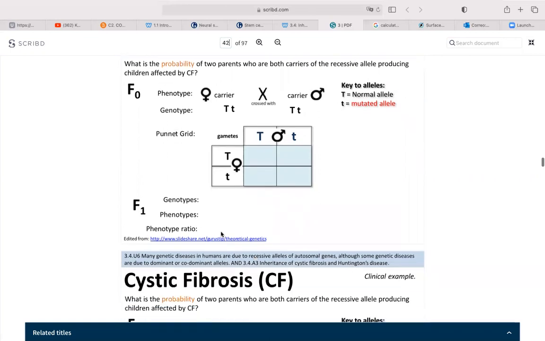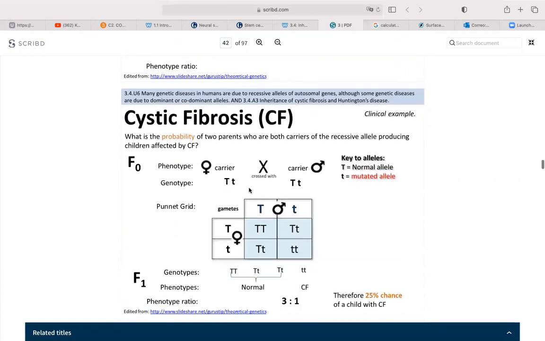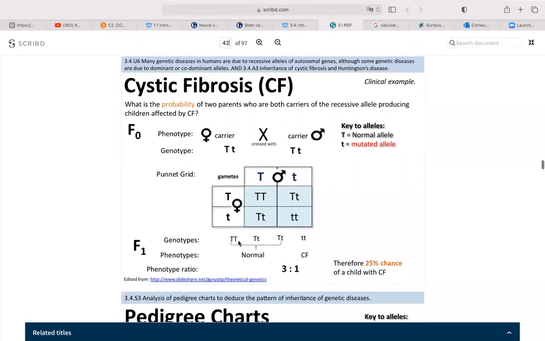And the phenotype ratio. So as you can see in this Punnett grid, the cross is made: Tt, uppercase T, lowercase t, you have to cross in that way. And okay, the genotypes: a T that is uppercase is a normal allele, so that is a dominant one, okay?